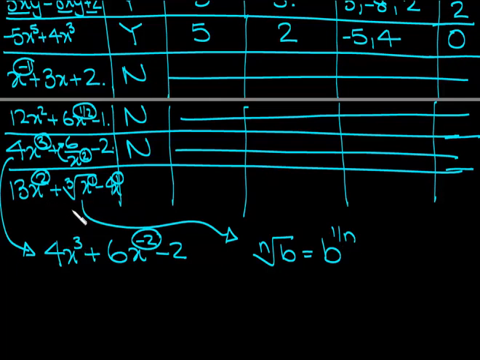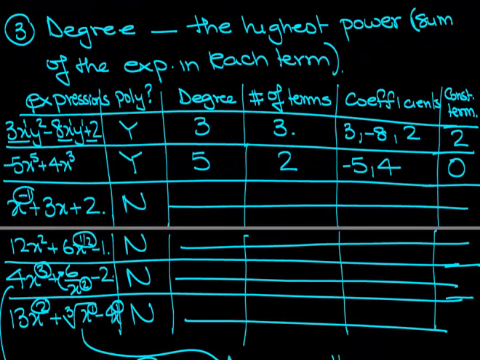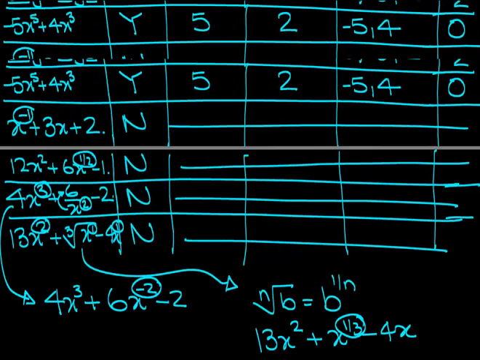So technically this algebraic expression is 13x squared plus x raised to 1/3 minus 4x. So we have a fraction exponent, we cannot have that, so that's not a polynomial. So in this list, only 2 of them were polynomials, and we were able to identify some of the things that we talked about. Now that we know what a polynomial is, what can we do with it? Okay, so let's talk about that.